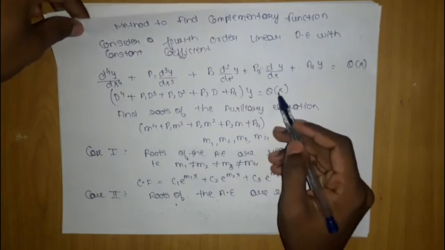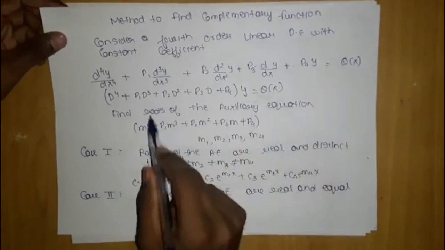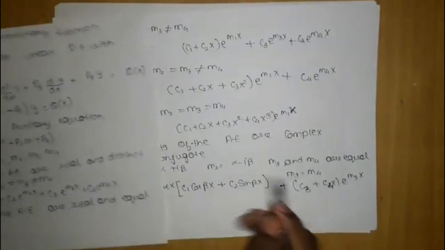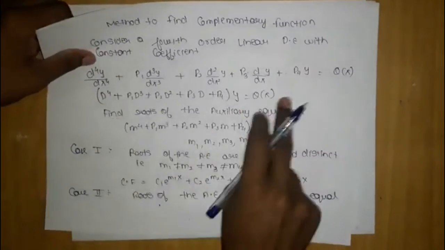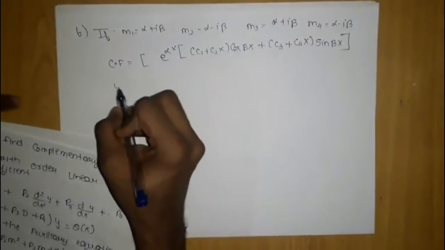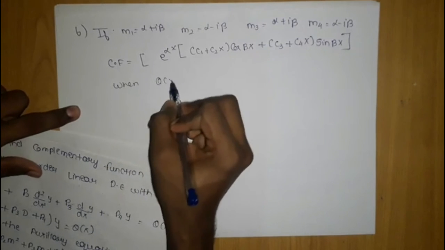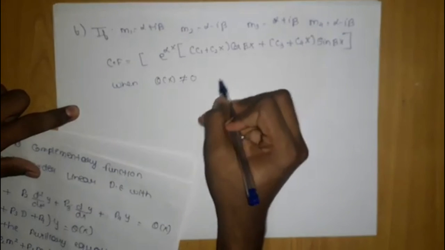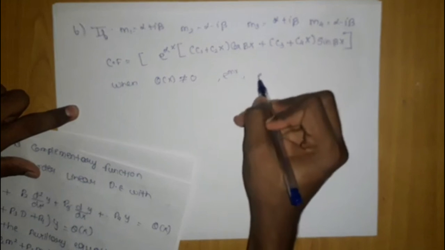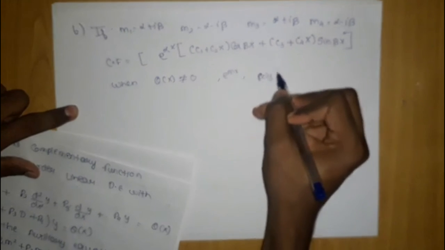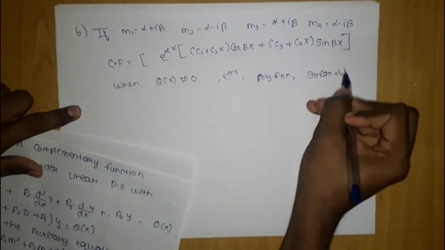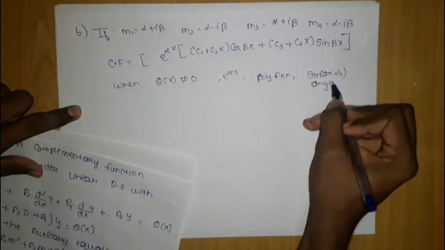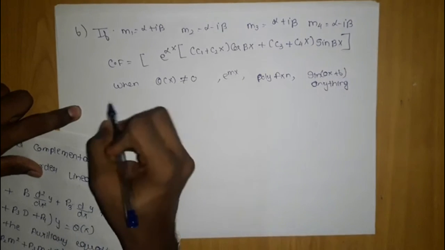Now q of x can be 0 also. When q of x is not equal to 0, it can be e to the power mx, a polynomial function, sin ax plus b, anything.